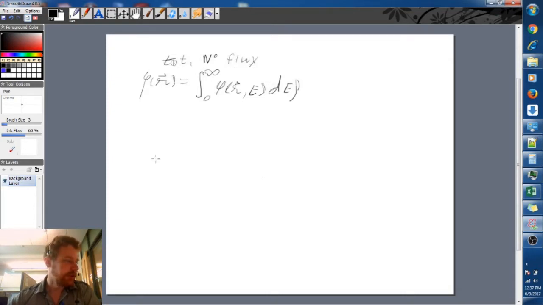And then we have the thermal flux, which we denote as phi sub th of r. This is just equal to the integral from 0 to what we call the thermal energy, E sub th, of the energy dependent flux.